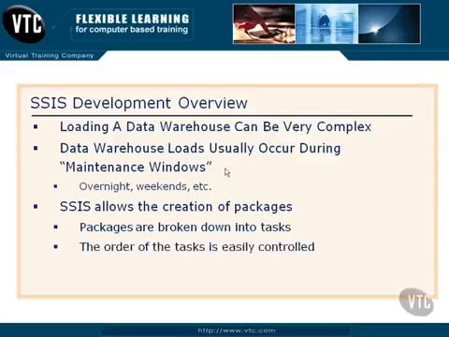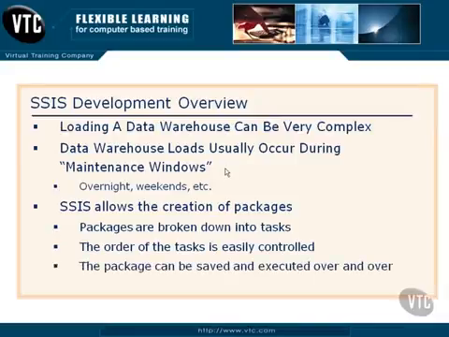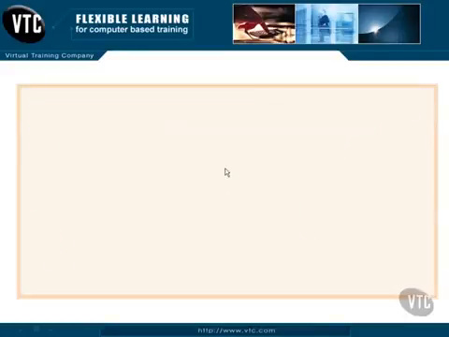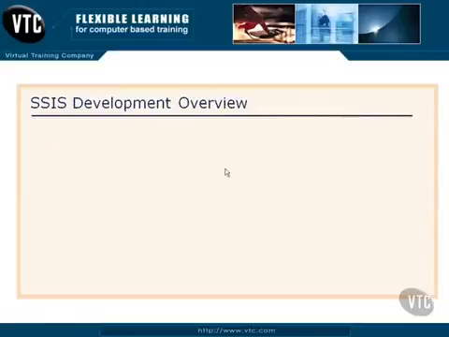We'll build the tasks, group them together, and then very easily control the order of what task happens when, and under what conditions. That entire package of tasks can be saved and executed over and over at whatever time we'd like, to perform whatever load we'd like.